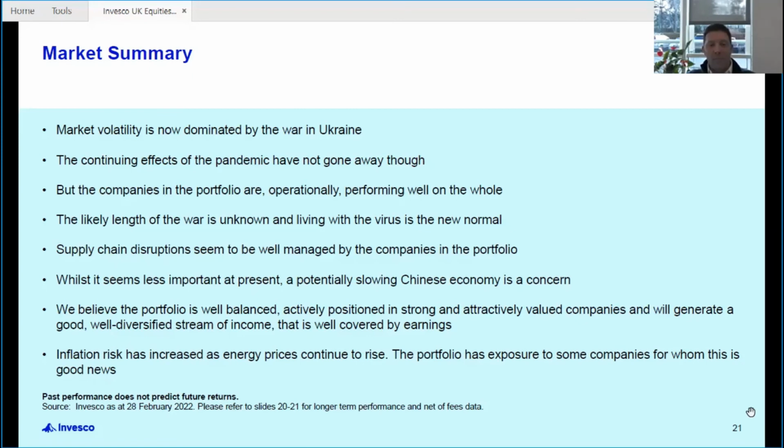So we've got no view on how long this current situation is likely to last, and we're not really in the business of making forecasts about the extent of it or how and when it might be resolved.